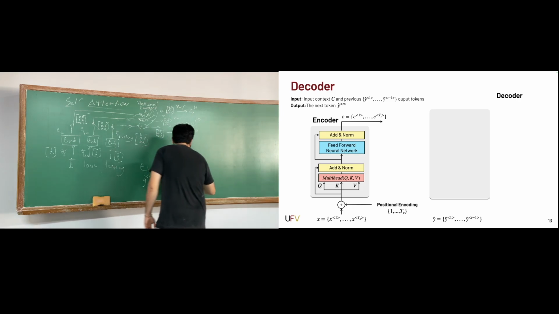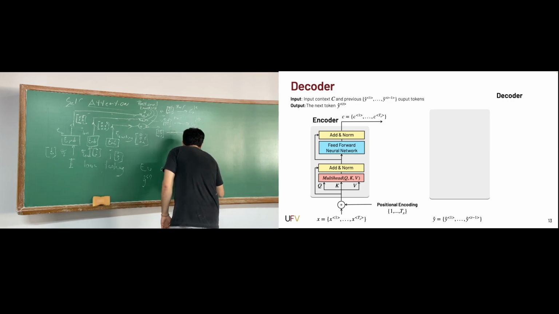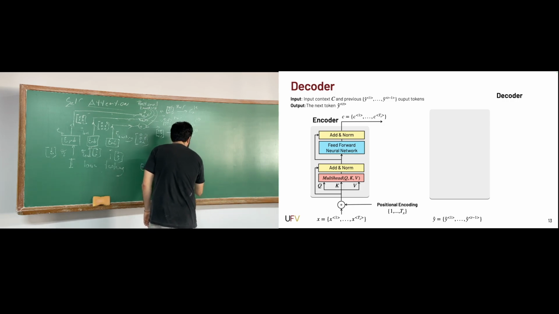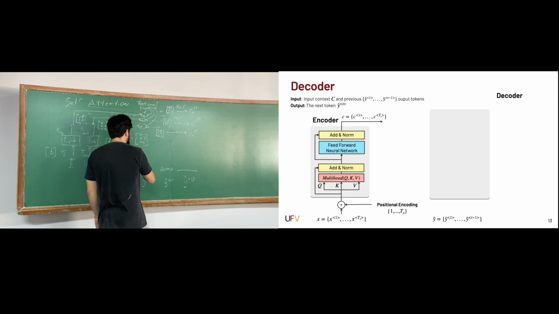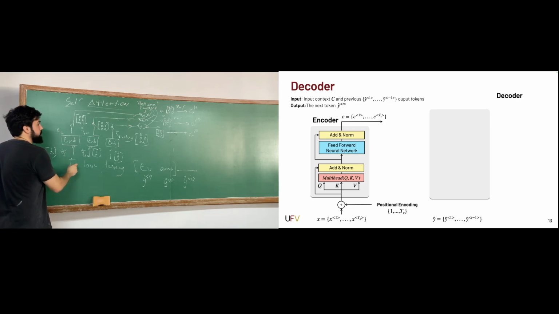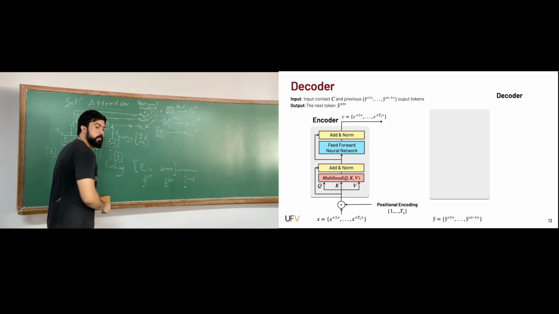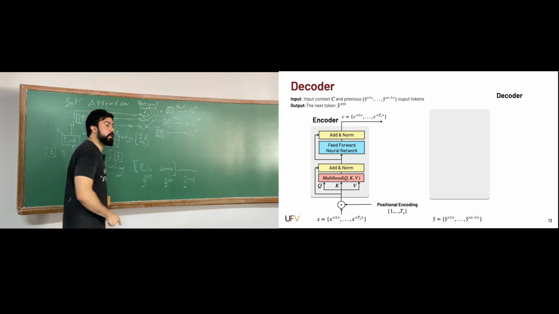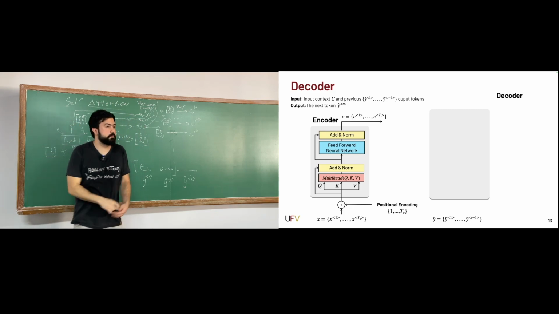And now I'm at the stage of producing y hat 3. So I have access to these words, and I have access to this context, C1, C2, and C3, coming from the encoder.